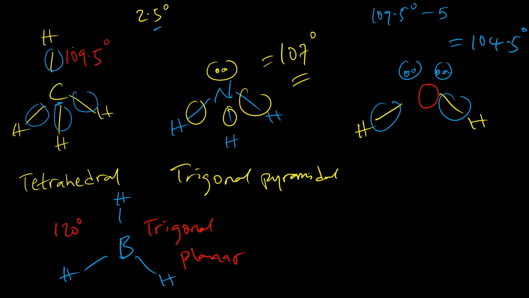Let's look at bent, which is sulfur oxide. Right, we have sulfur oxide. In sulfur oxide, sulfur is the central atom, right? And it also has 3 things attached to it. It has 2 oxygen and 1 lone pair of electron. So basically it has 1, 2, 3 things attached to it.